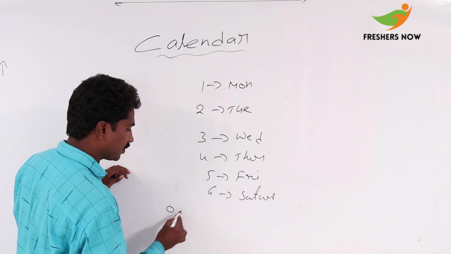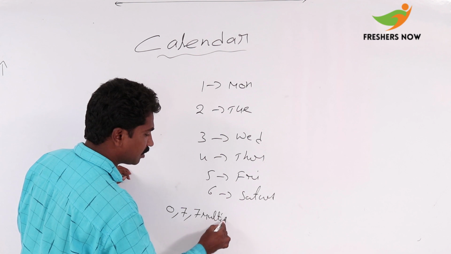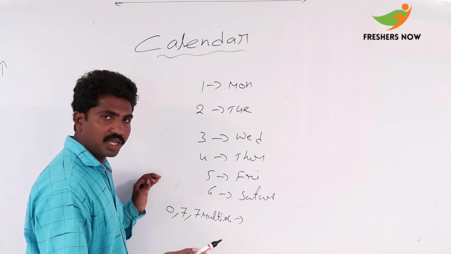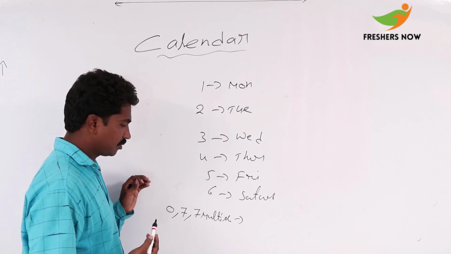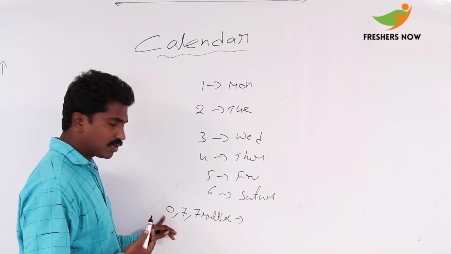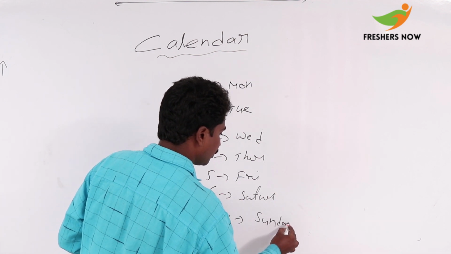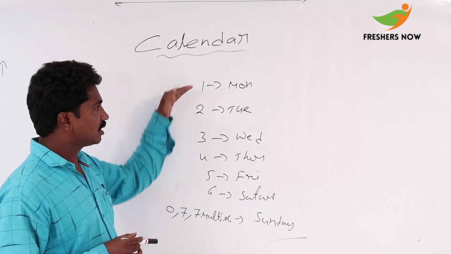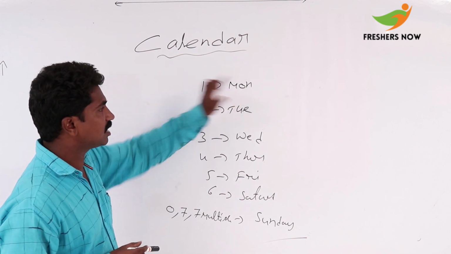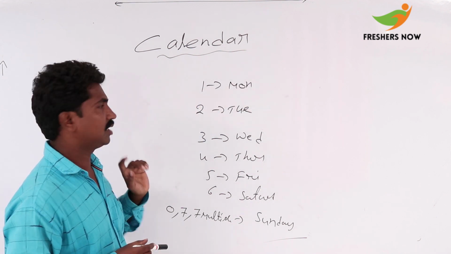For 0, 7 or a multiple of 7, that is Sunday. A multiple of 7 is nothing but 0, 7, 14, 21, 28, 35, like that. Here I have written odd days and their weekdays.